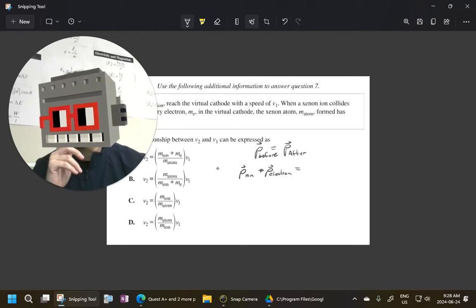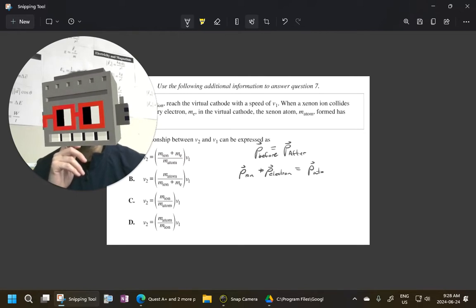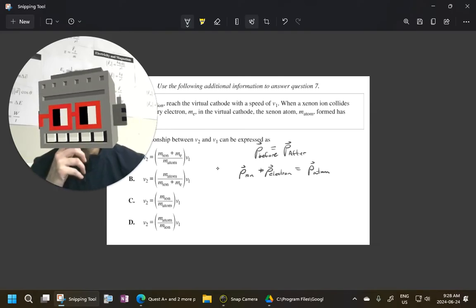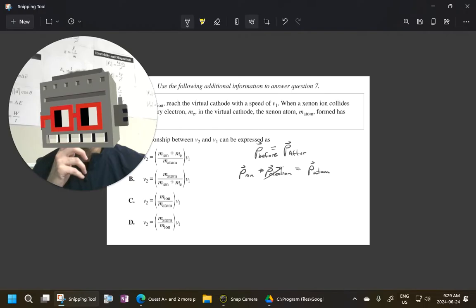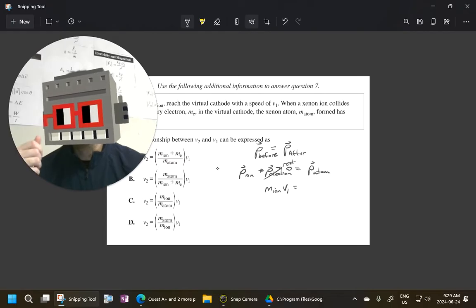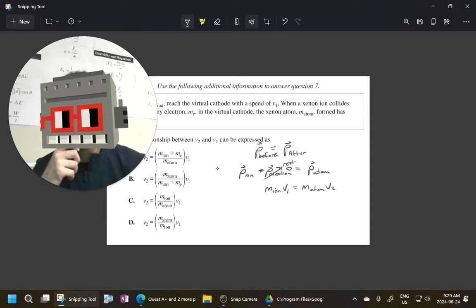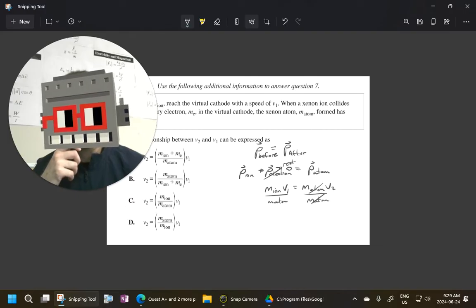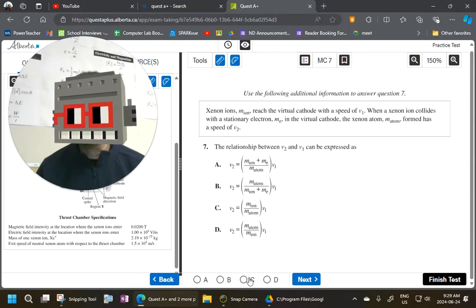And this is equal to the momentum afterwards of the atom. They're combined together, so they have this new mass of the atom. Because the electron is stationary, at rest, we call it 0. It's really just going to be the mass of the ion times its velocity 1, because it comes in with that speed. Afterwards, it becomes the mass of the atom with the velocity 2. So I just divide the mass of the atom over to the other side, and that's my velocity 2. So that would be ion over atom. So we see here, yeah, there you go.